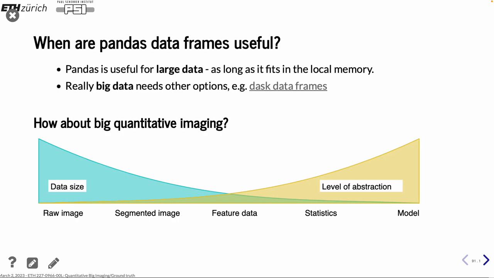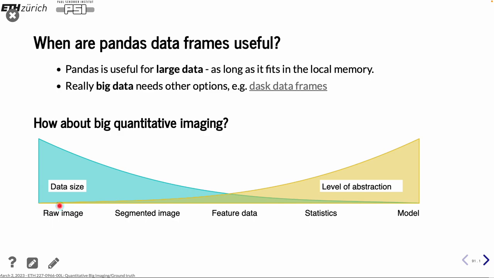But I want to come back to this frame where you really want to use these data frames and where it is useful. And looking at the data size, you see here, if you have the raw images, you have a lot of data. Segment is maybe a little bit more, feature data, statistics, and model.